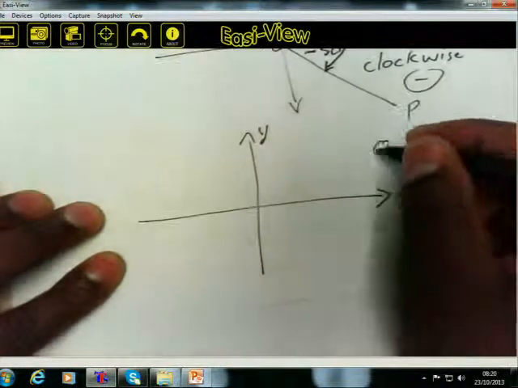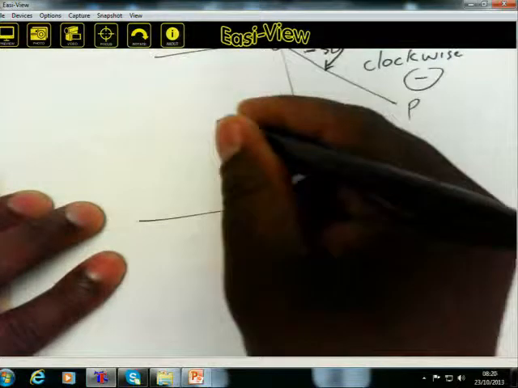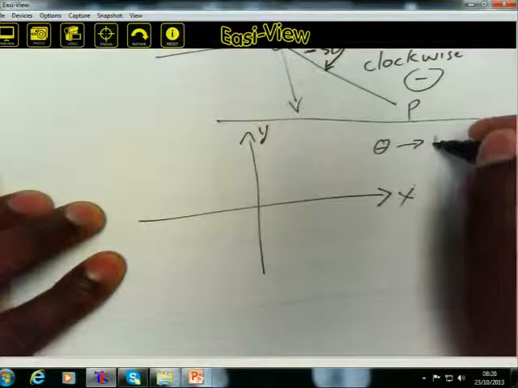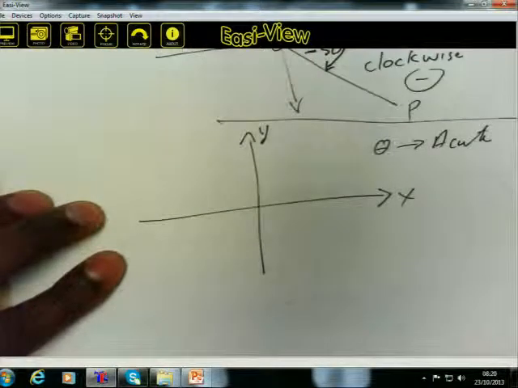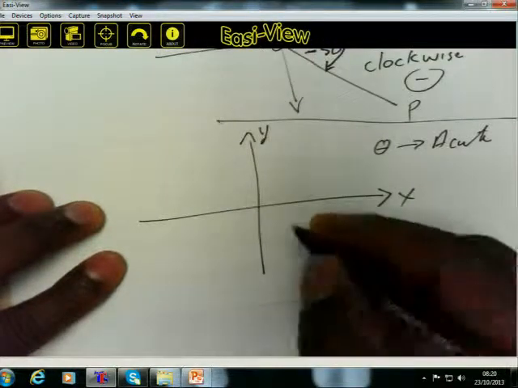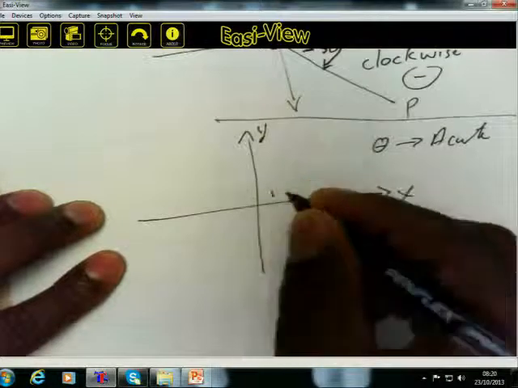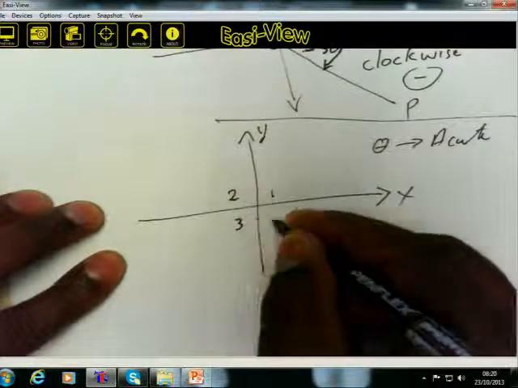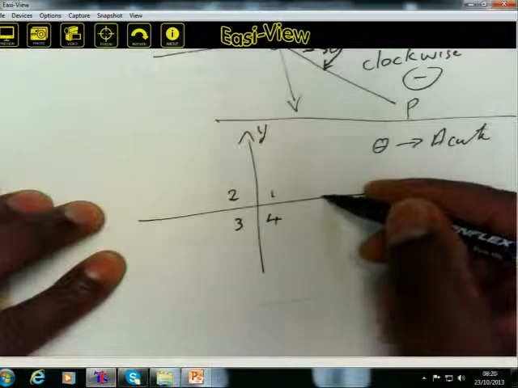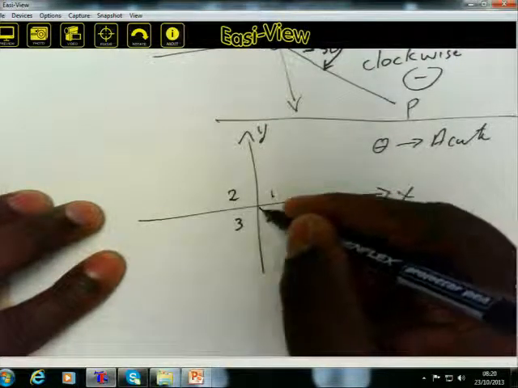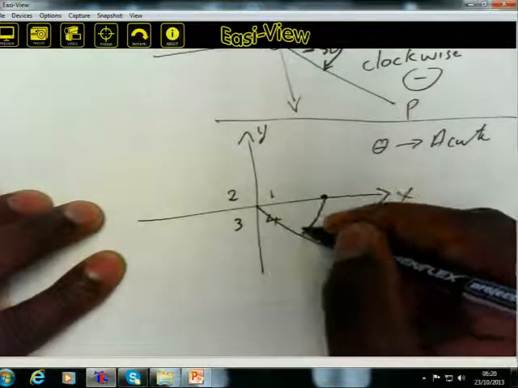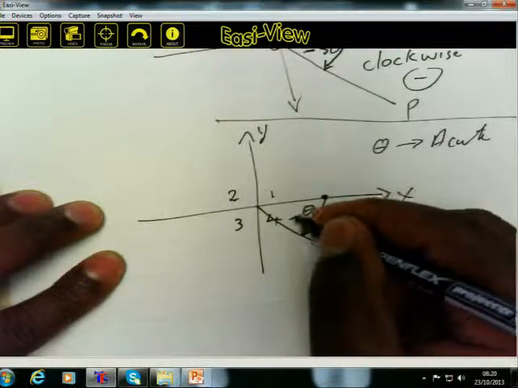In this case, we are going to use theta to denote an acute angle, greater than 0 degrees but less than 90 degrees. But now this acute angle, we are going to measure it in a clockwise direction. So it has to be in the fourth quadrant. Remember, this is the first quadrant, the second, the third, and the fourth. If you start from here in a clockwise direction, you measure an acute angle, it will lie somewhere in the fourth quadrant. This angle will then be negative theta.